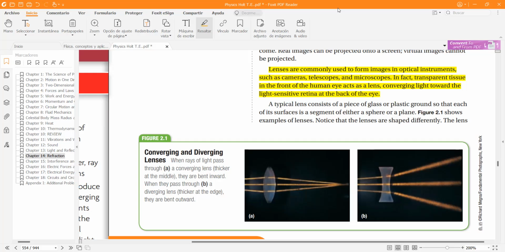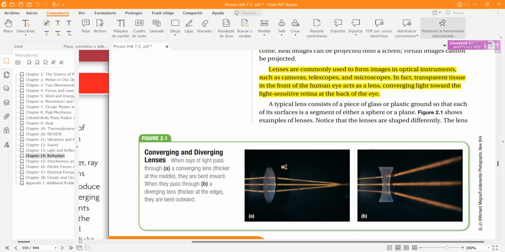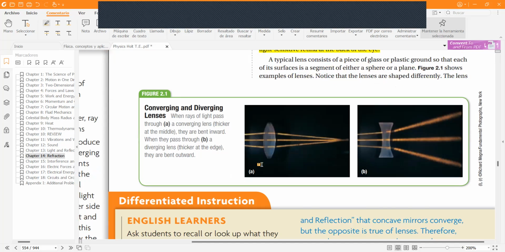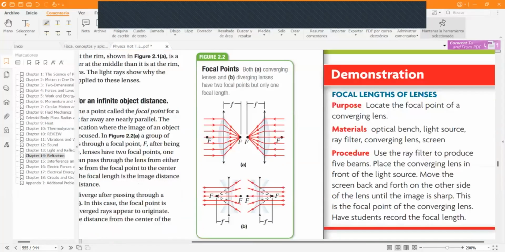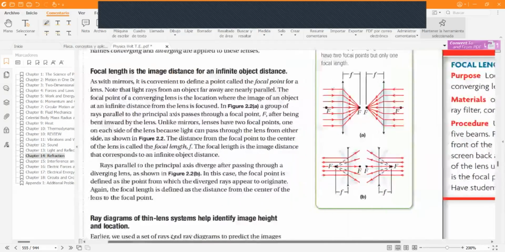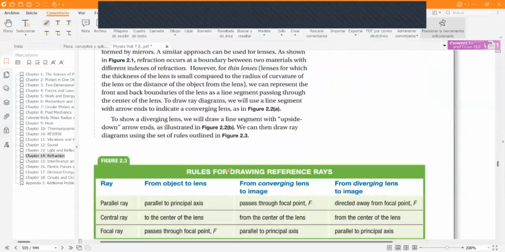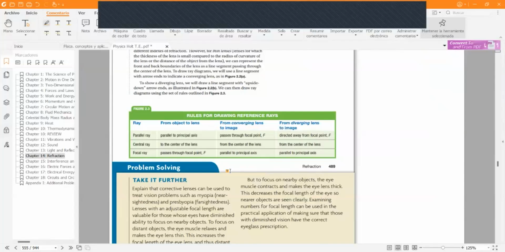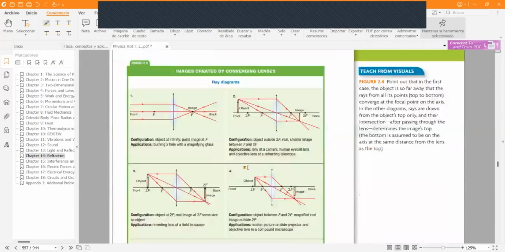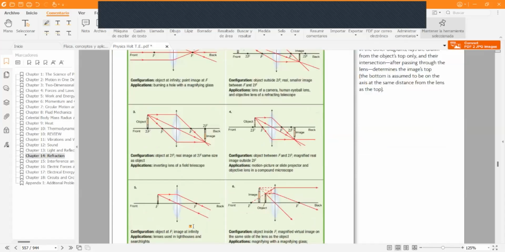But they're going to have different shapes, and those different shapes are going to allow the light to bend outward or inward. Now, over here, this is the converging lens, the one that is thicker in the middle.